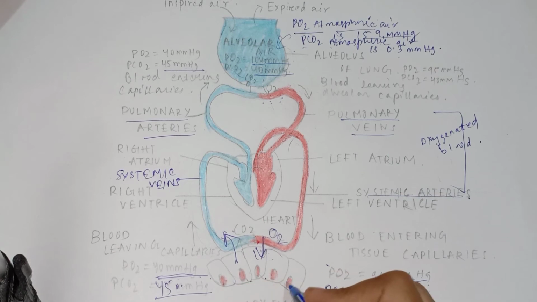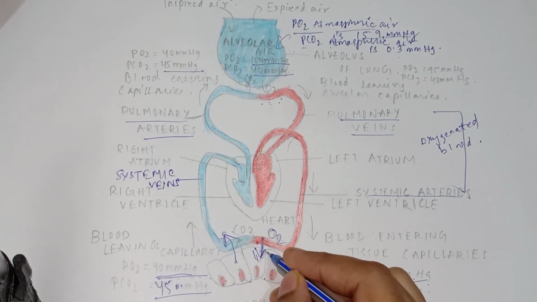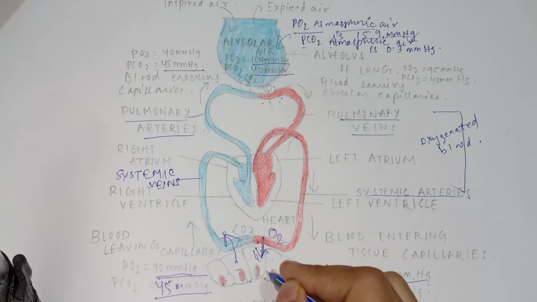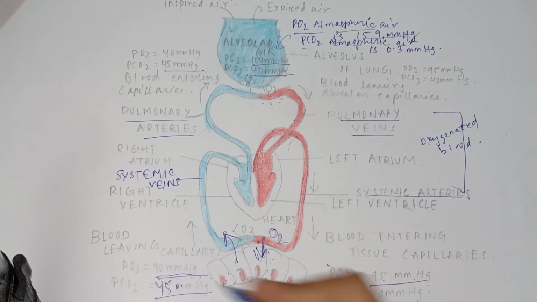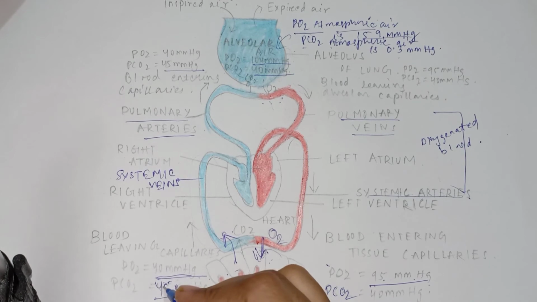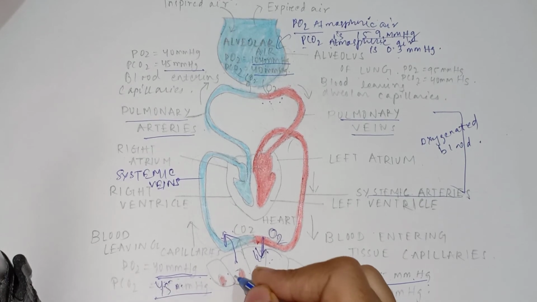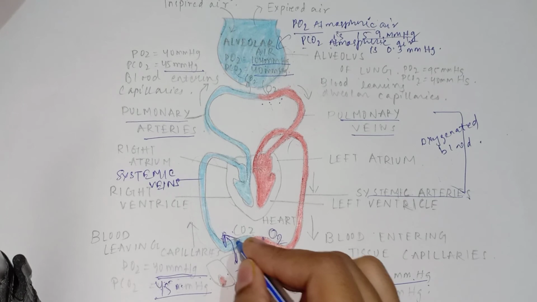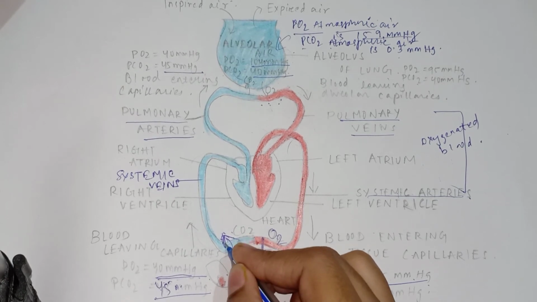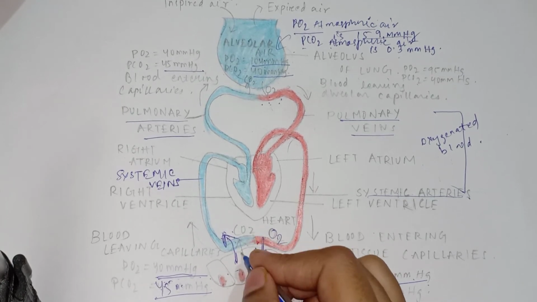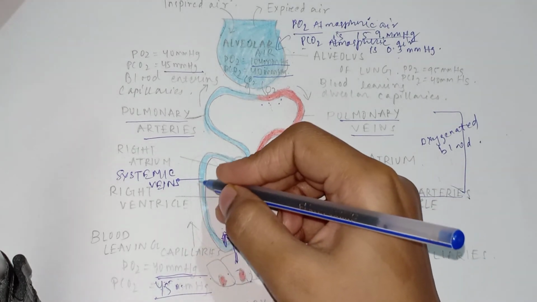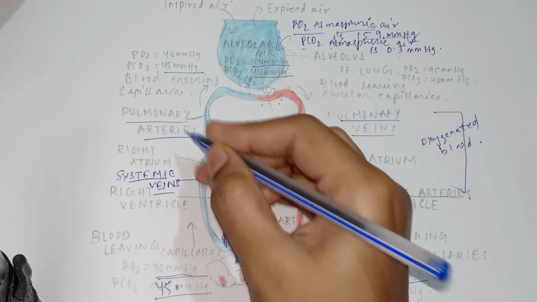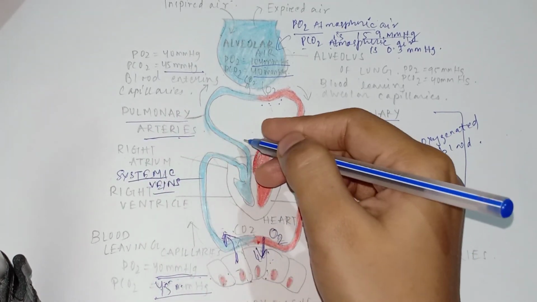So the O2 diffuses from the capillary blood to the body cells through tissue fluid, and the partial pressure of CO2 in the blood is lower than that of the body cells. So the CO2 diffuses from the body cells to the capillaries and the blood becomes deoxygenated as O2 is drawn from the blood. This deoxygenated blood is carried by the systemic veins and the pulmonary arteries to the heart and the lungs respectively.